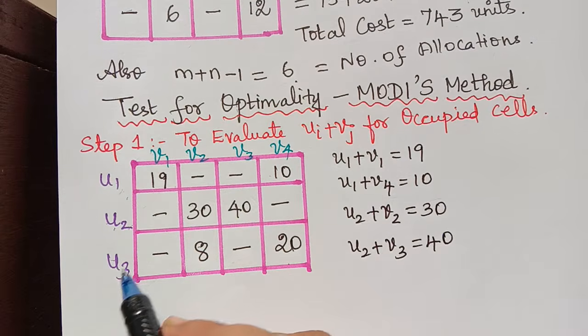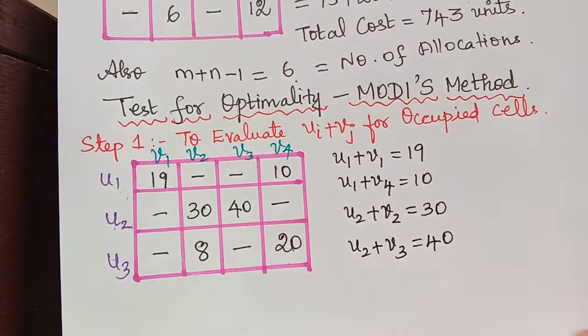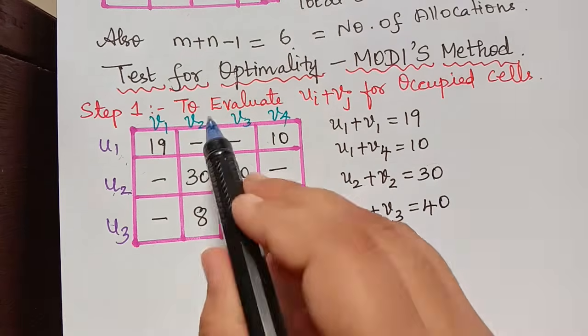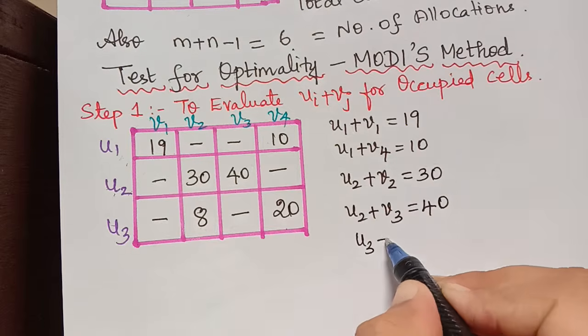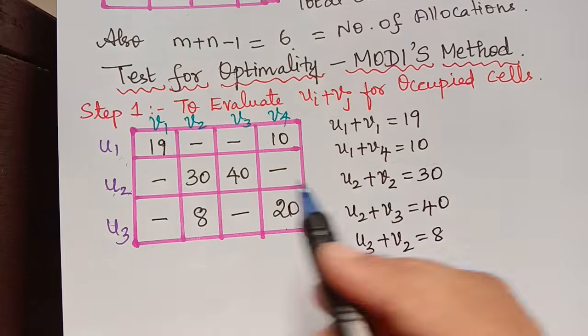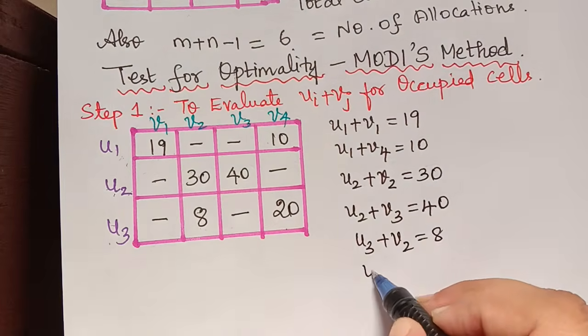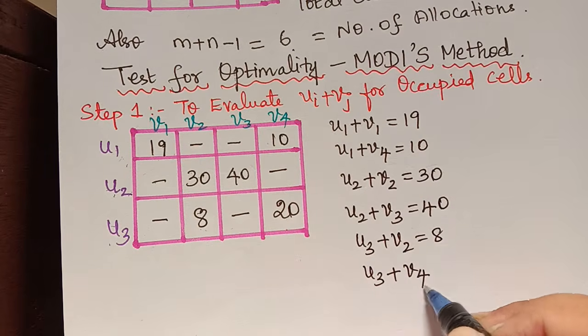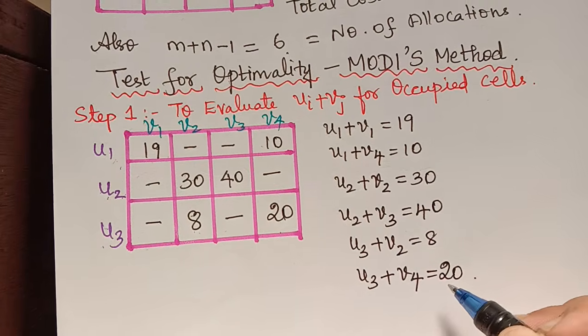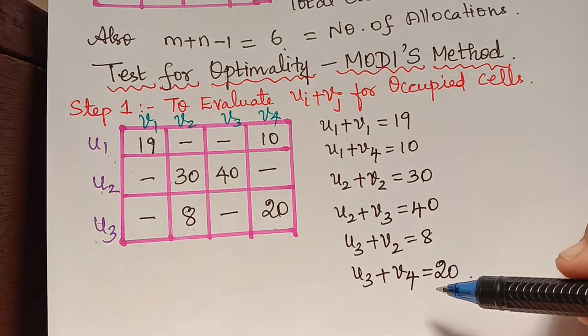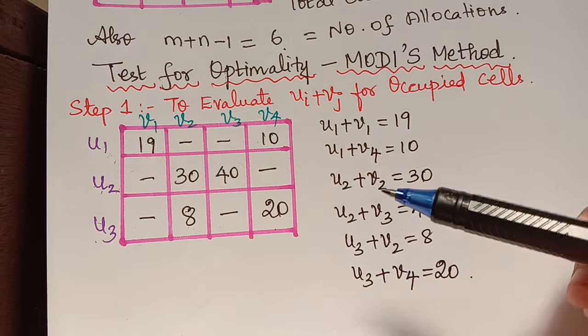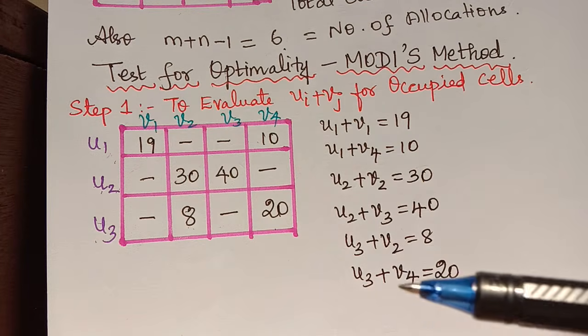And then u3 plus v2 is equal to 8. And then u3 plus v4 is equal to 20. Now using these equations, we have to evaluate u1, u2, u3, v1, v2, v3, v4.